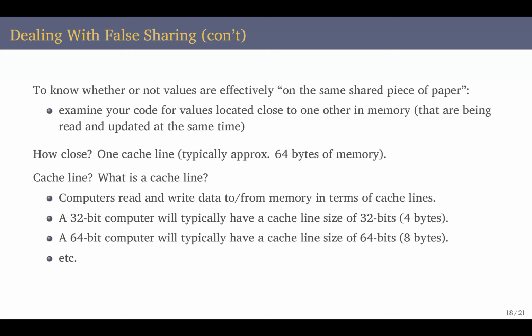But you're saying here, if that's the sheet of paper, the 8 bytes, and the byte that's right next to it, the second byte in that chunk, if another thread updates that byte, then that's the same sheet of paper and the other thread has to wait? Exactly. The other thread has to wait.